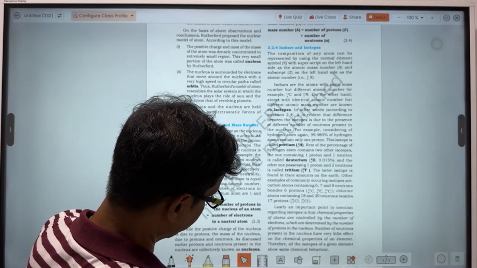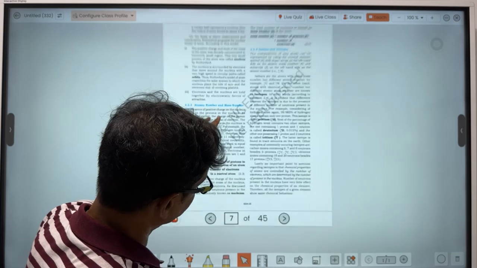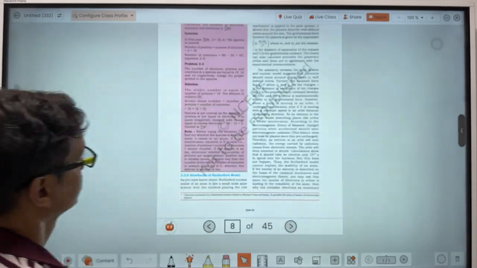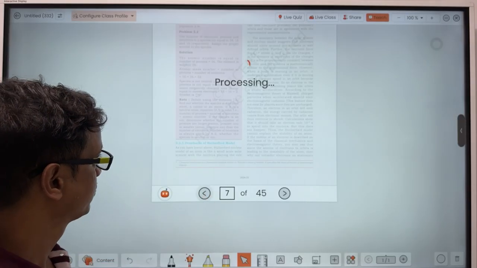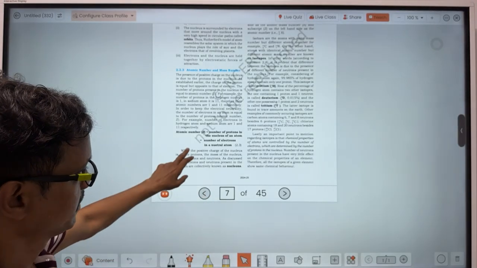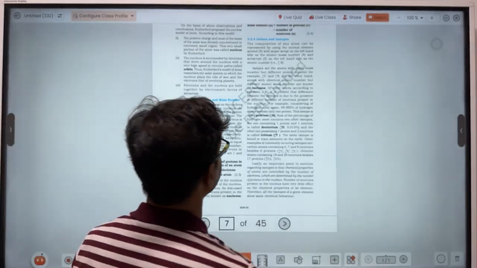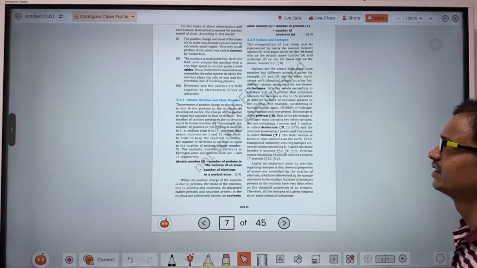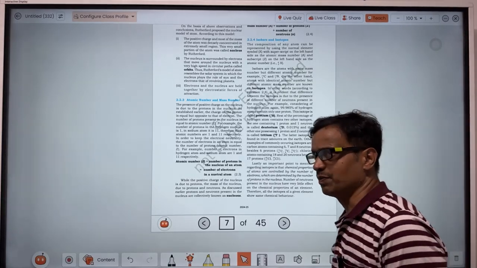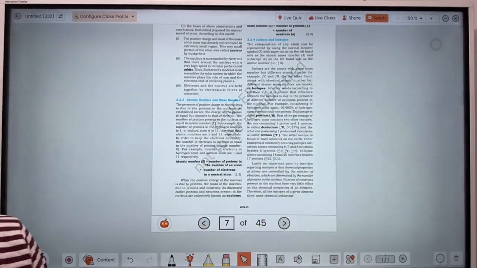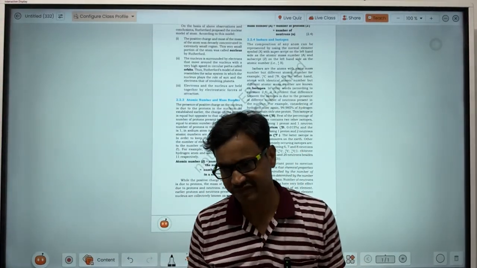In the same way, there is isobar. Isotopes have the same atomic number but different mass numbers. And isobars have the same mass number but different atomic numbers.